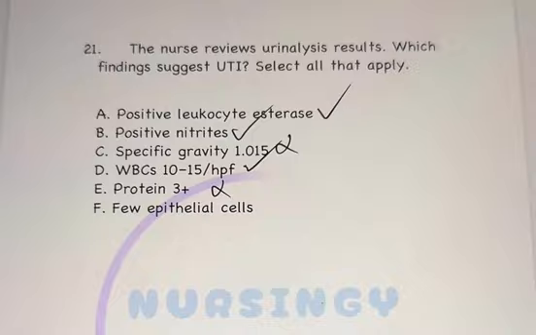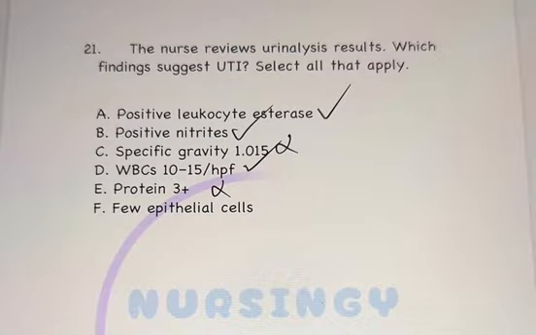What about few epithelial cells? Hello, Margaret. If we are having few epithelial cells in urine, is that infection? Or can it come another way? Remember, guys, it's few, okay?